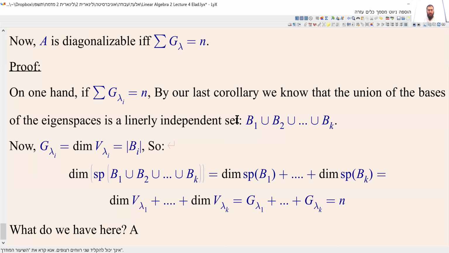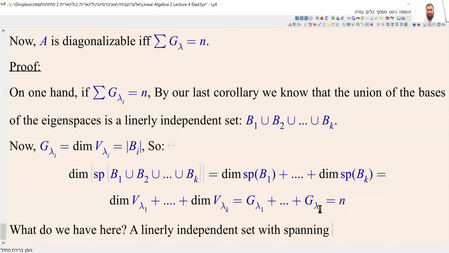A linearly independent set with a spanning dimension the same as the space itself.